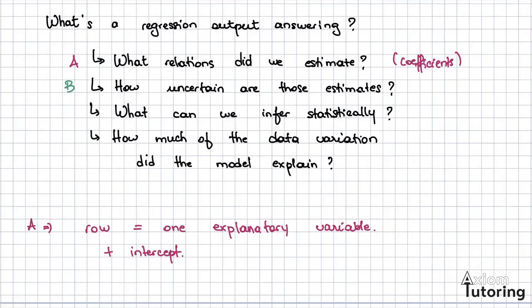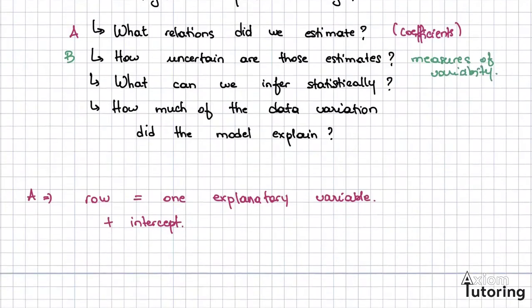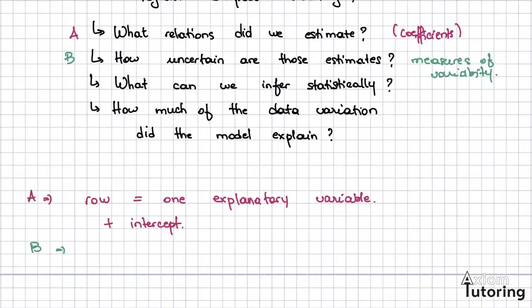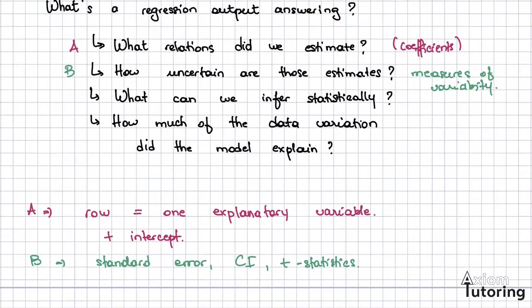That's why regression output always includes measures of variability. In this case, what I am talking about is standard errors, confidence intervals, t-statistics, all elements that you have now been introduced to in this playlist. These numbers answer the same question from different angles. How noisy is this estimate?